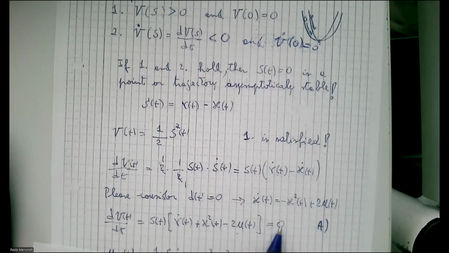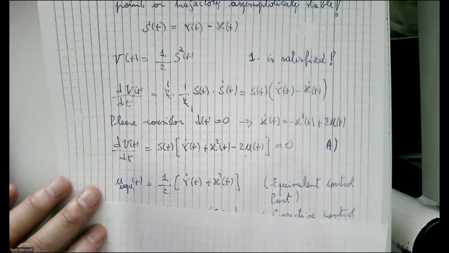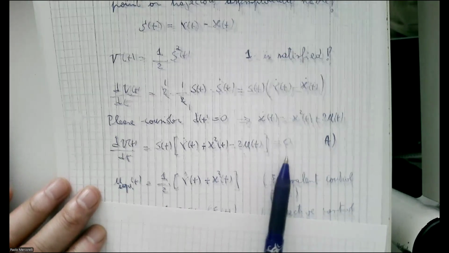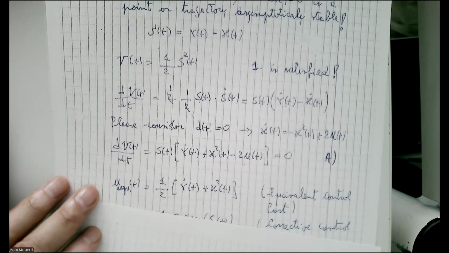Now, look at this. First step, one method is to calculate a u, which I call u equivalent, which makes the derivative equal 0. This is not exactly our goal, because our goal must be negative. But in any case, this is the method.